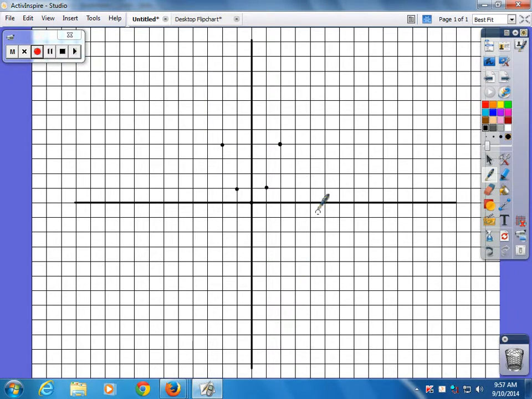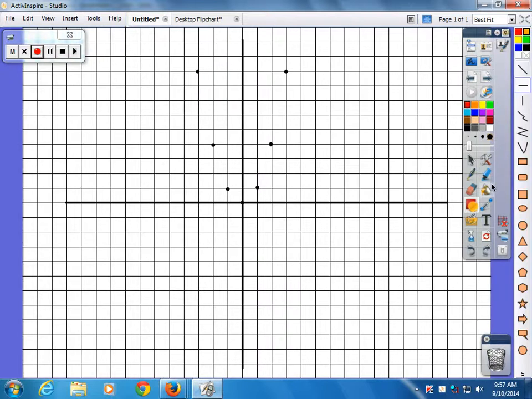Positive 4. It's negative 2 quantity squared, it turns into a positive. How about 3? 3 squared is 9, and negative 3 squared is 9. Just using mental math, you should be able to do this without any problem.